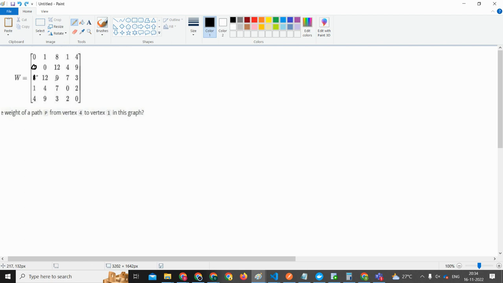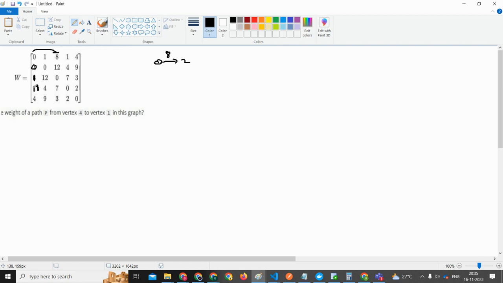If there's a directed graph, just make sure you don't forget that the rows represent outgoing edges. So 0 to 2 has an edge weight of 8, right? Then this is 1 and this is 11.